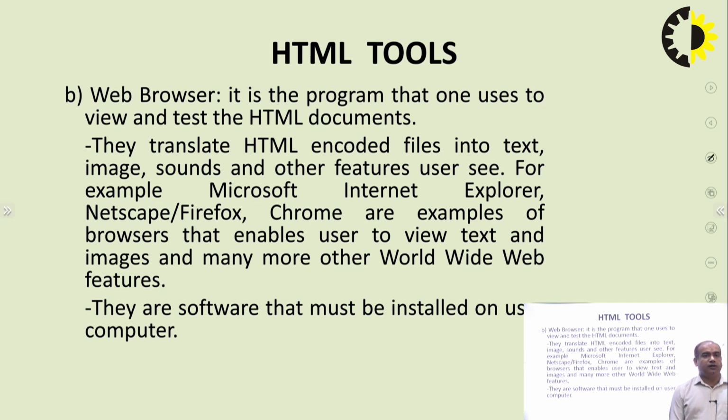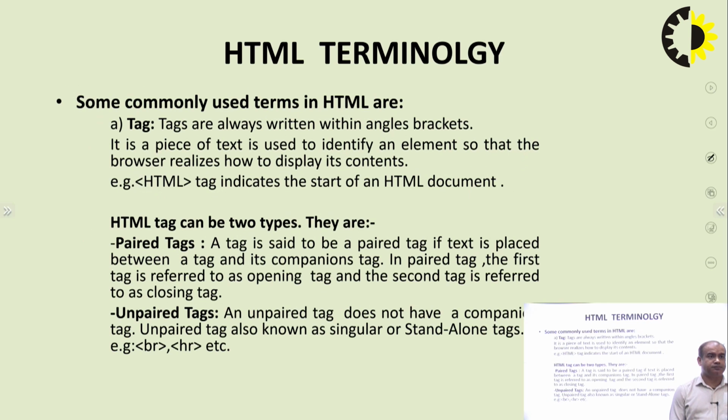Examples of web browsers are Microsoft Internet Explorer, Netscape, Firefox and Chrome, which enable users to view text, images and many more World Wide Web features. They are software that must be installed on the user's system or computer.